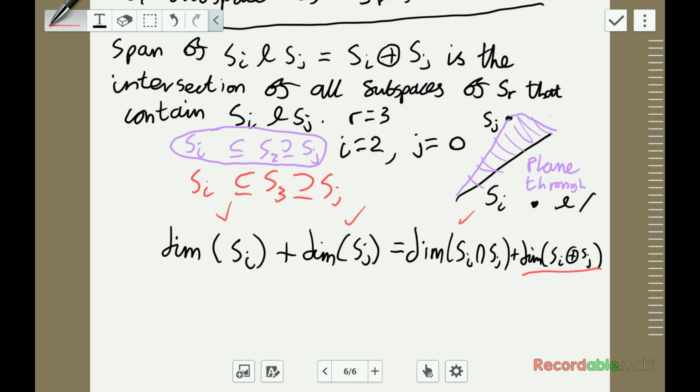Okay then, so the question I set about trying to understand was, what kind of dimensions can the subspace formed by the intersection of two subspaces have?